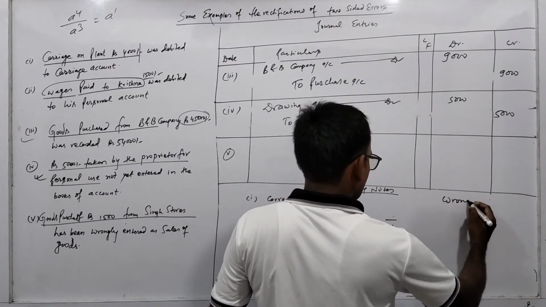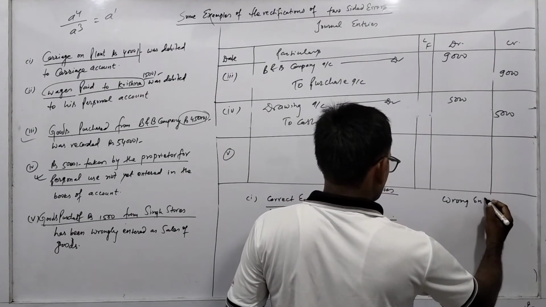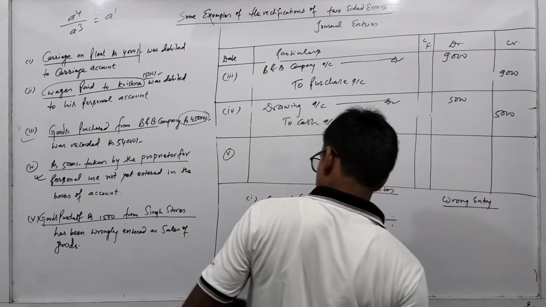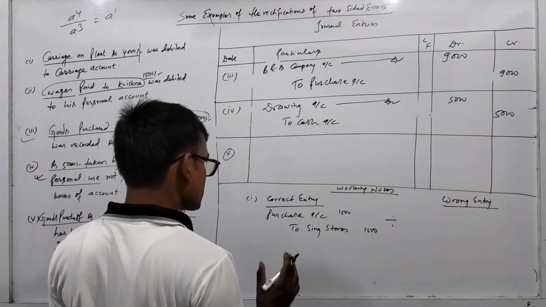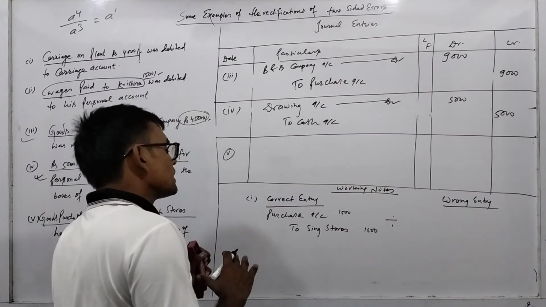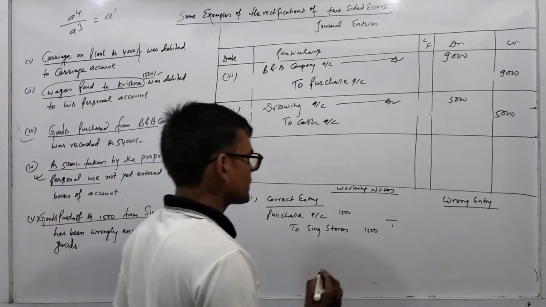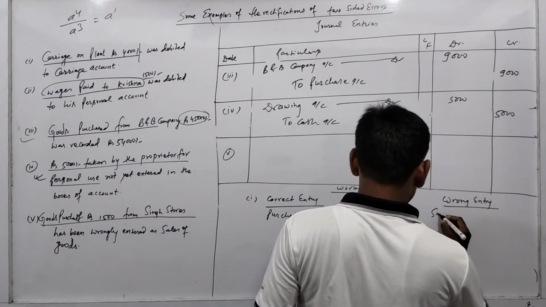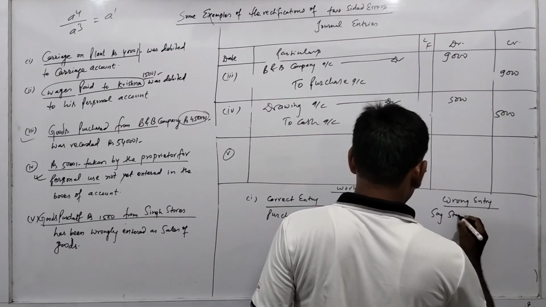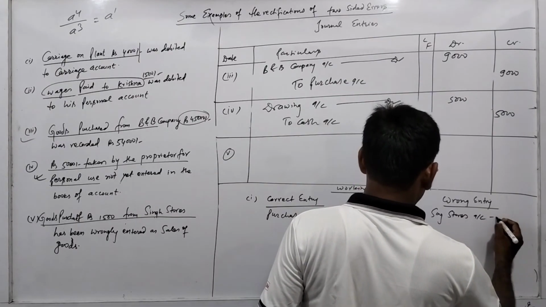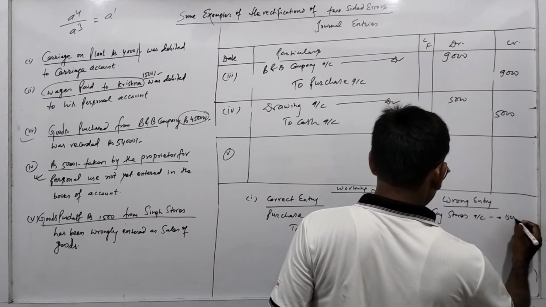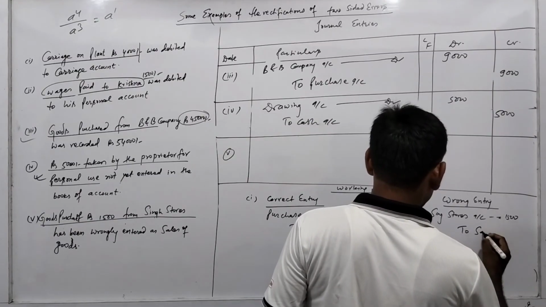And what has he done? He has made a mistake, and the mistake is that in place of purchase he has assumed sales, and the entry he has done is Singh Stores account DR to sales account.